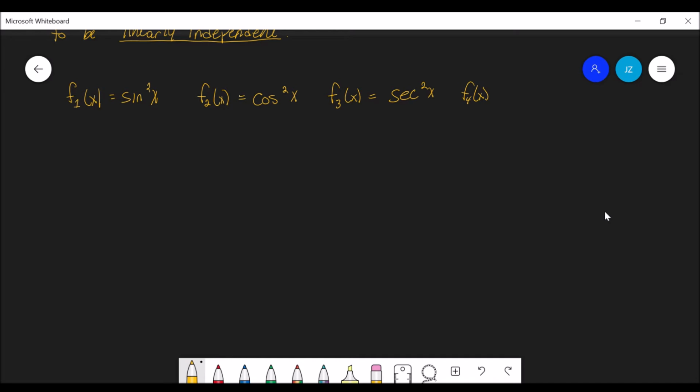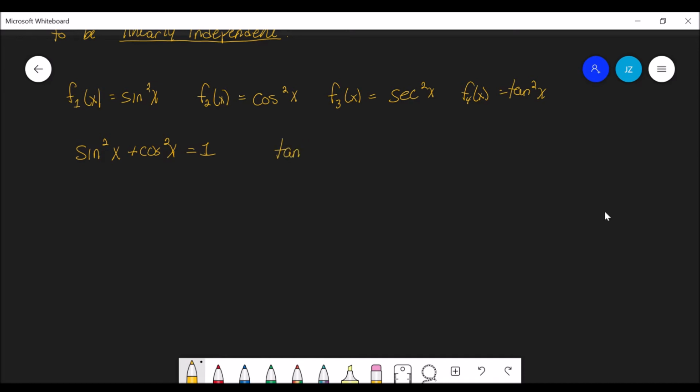And f4 of x is equal to tangent squared of x. Now notice that sine squared plus cosine squared is equal to 1.